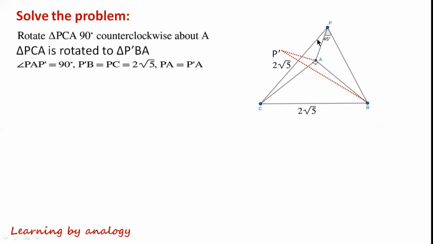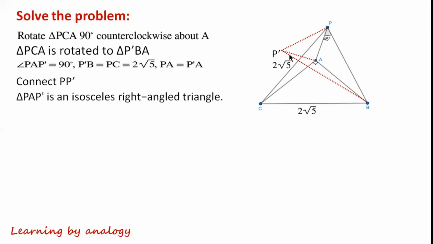P'B equals PC equals 2√5. PA equals P'A. Connect PP'. Triangle PAP' is an isosceles right-angled triangle.